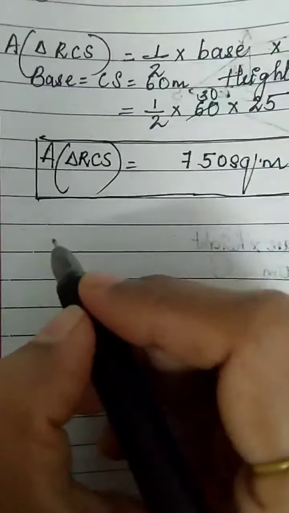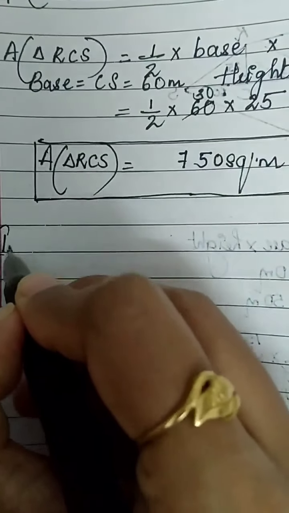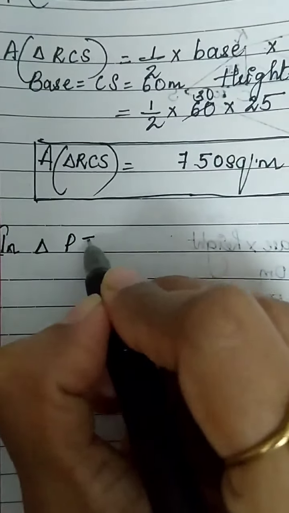And moving on to the last triangle, the name of the triangle is triangle PTS.